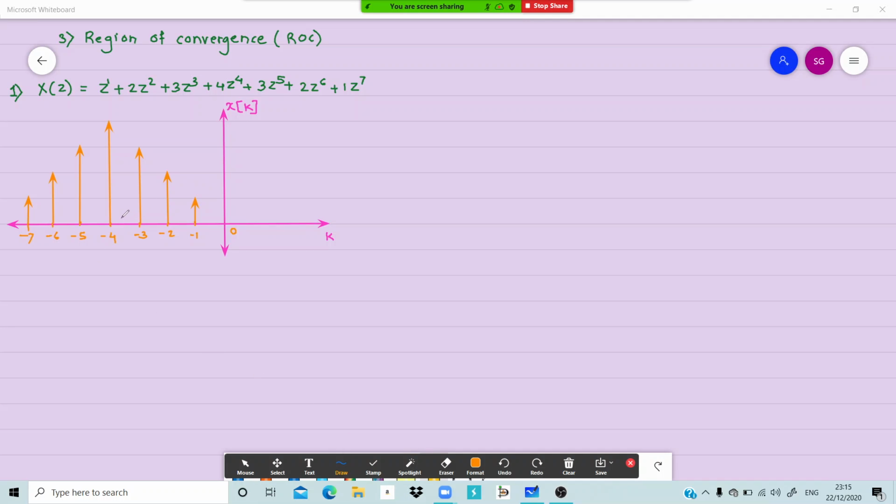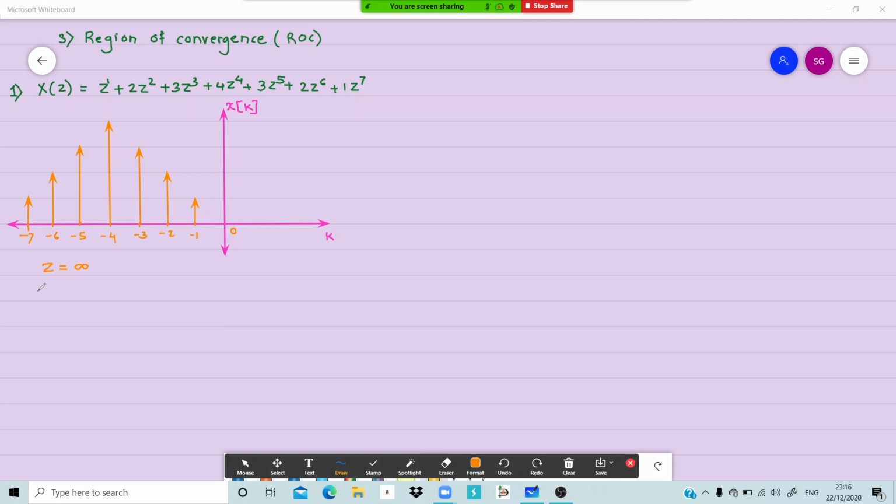If you are having z equal to infinity, then what is going to happen? When z is equal to infinity, infinity raised to something, this function will not exist because your x[n] will tend to infinity in this case, right?